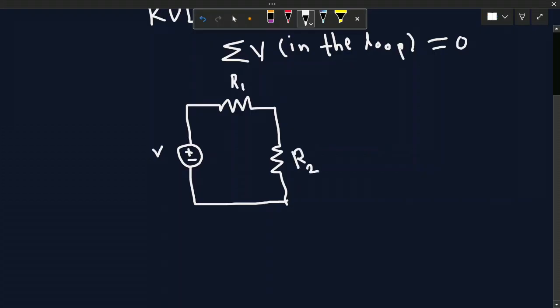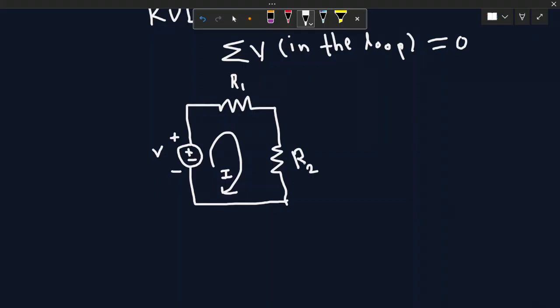This is R2. The current flowing through this is I1. So this is positive, this is negative. So in this case, what is given? This is the voltage source which has a positive terminal and a negative terminal. Current will flow from the positive terminal to the negative terminal. I have considered the conventional current direction.